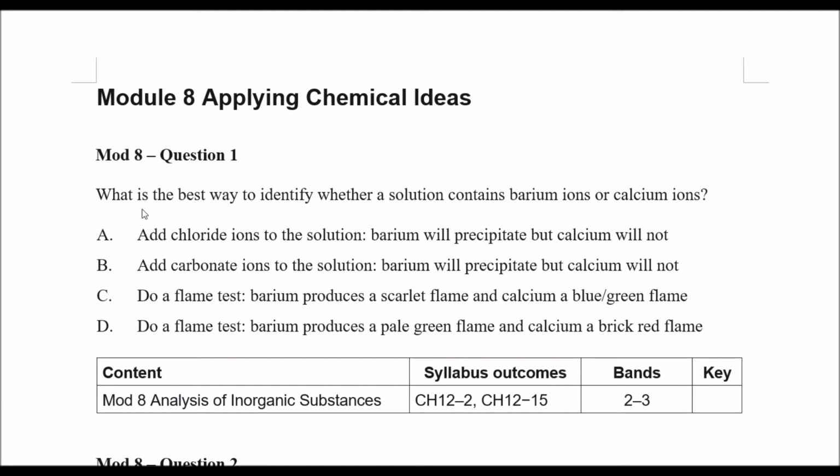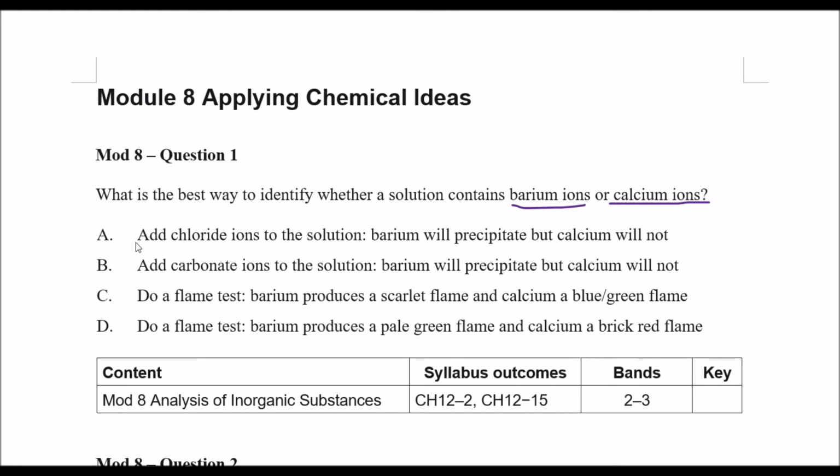In question 1 it says, what is the best way to identify a solution containing barium ions or calcium ions? Questions like these are simple recall questions, asking you to recall concepts that you may or may not remember.